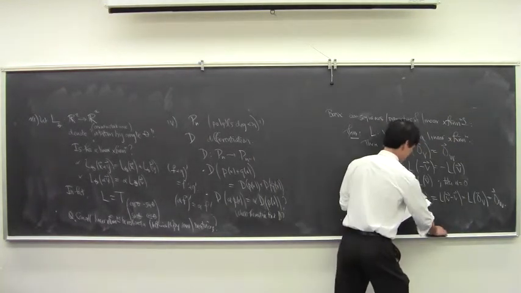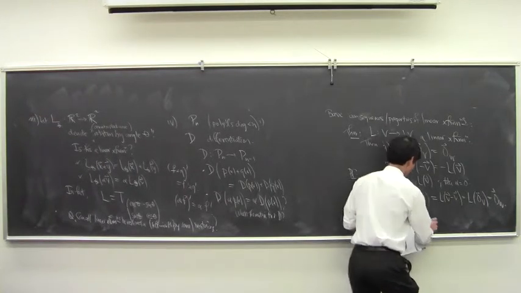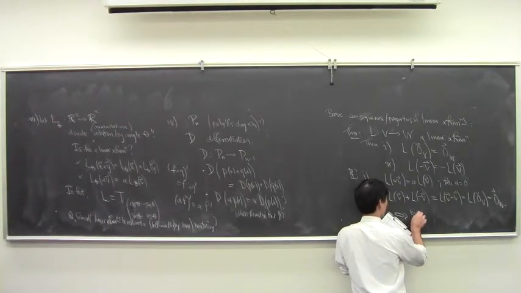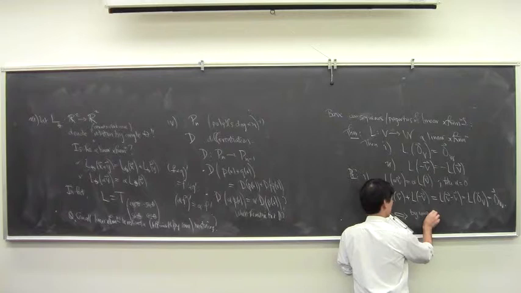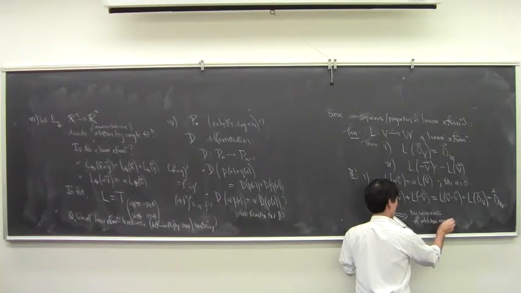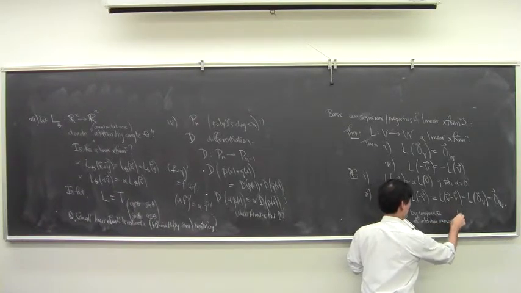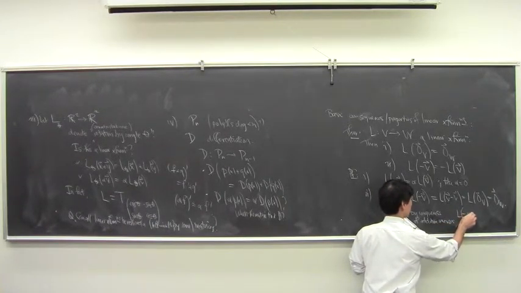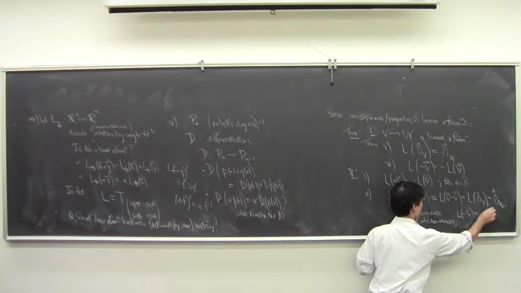Which tells us that, by uniqueness of additive inverses, L of negative v is negative L of v.